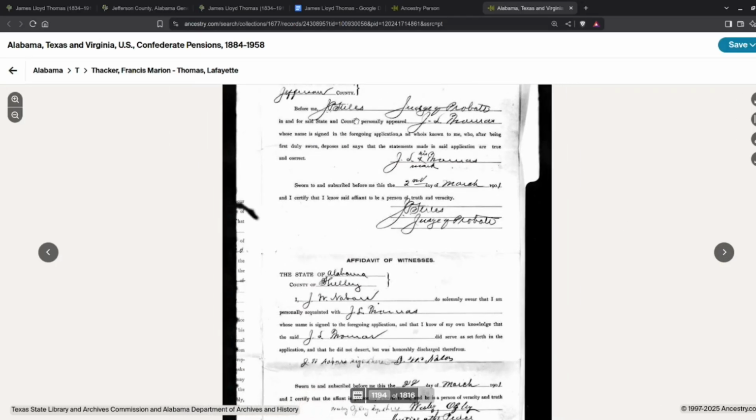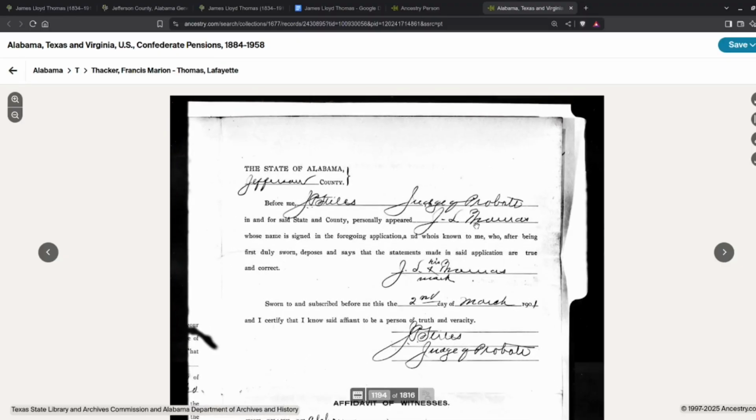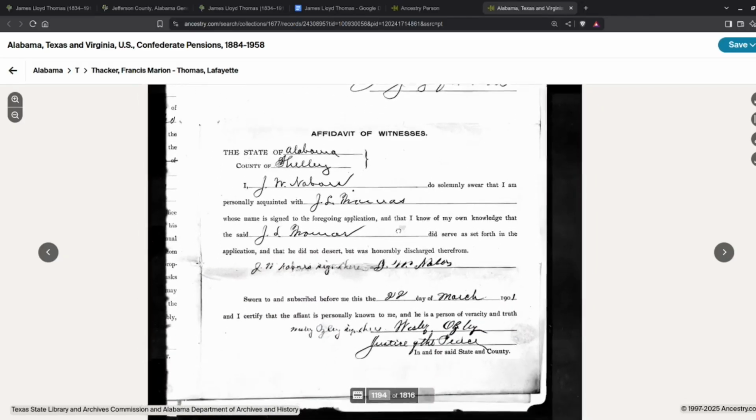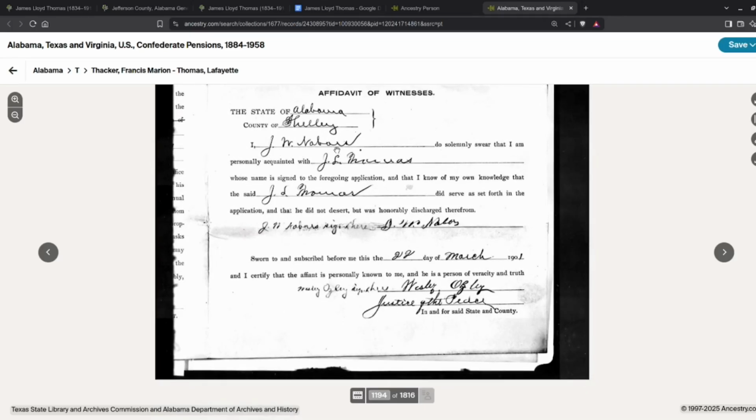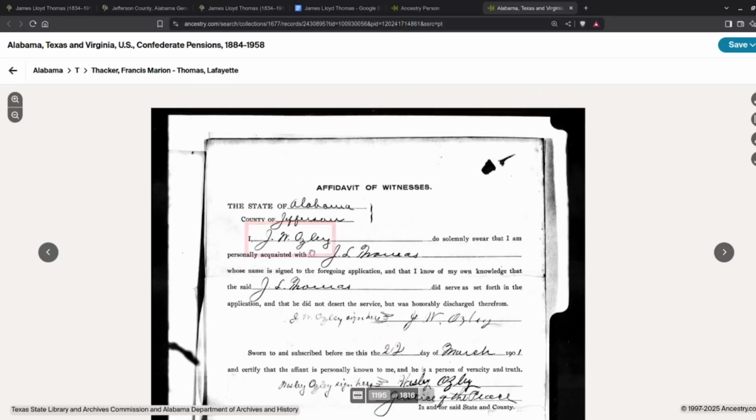Okay, so next we have witness statements. And now these, because they personally knew J.L. Thomas, we want to make a special note of. And so we have judge of the probate. So he's saying that J.L. Thomas personally appeared. Here's the witnesses, J.W. Neighbors. So that's the first one. And then the second one is J.W. Osley.